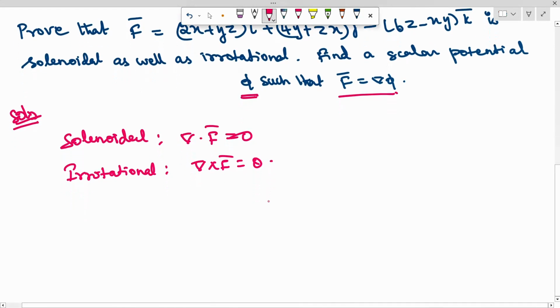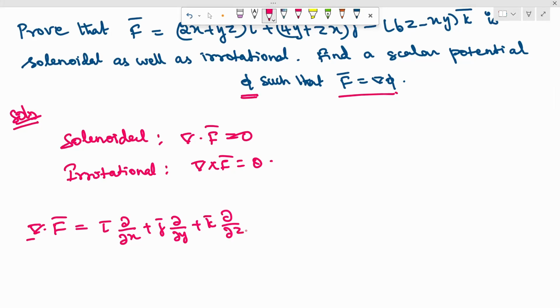Del dot F vector equals, first you write the expansion of del: i vector into dou by dou x plus j vector into dou by dou y plus k vector into dou by dou z, dot F vector.